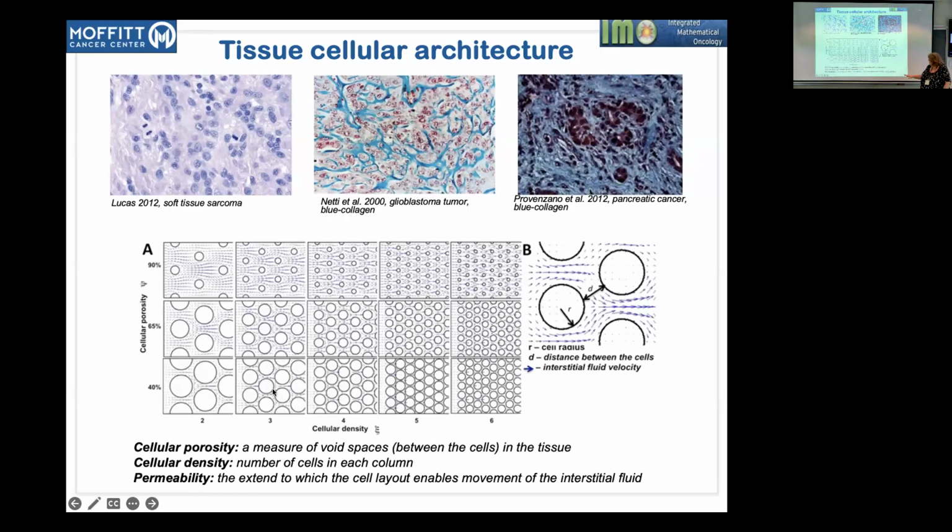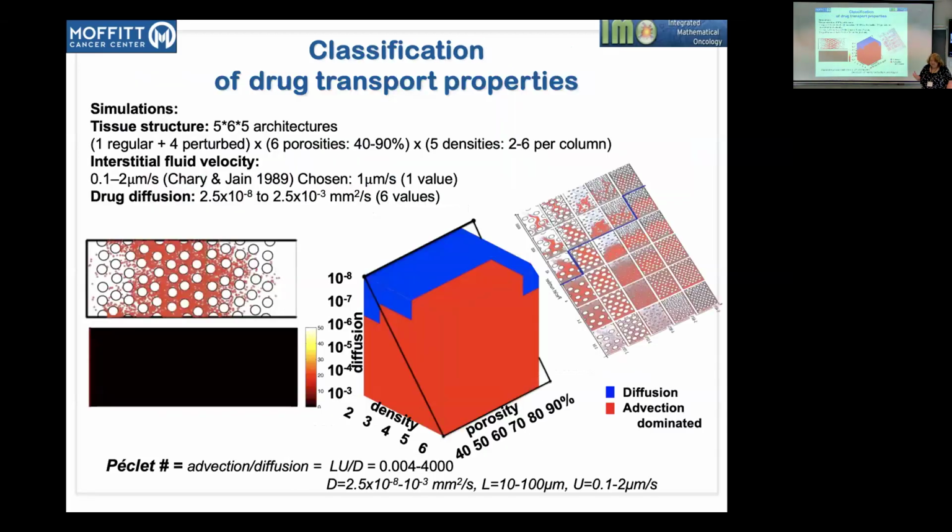And here, those configurations are regular, so this really means the number of cells in the column. Right, so you could see visually that tissues can have a lot of small cells or a couple of large cells and have the same porosity.